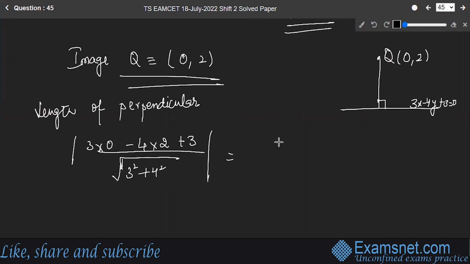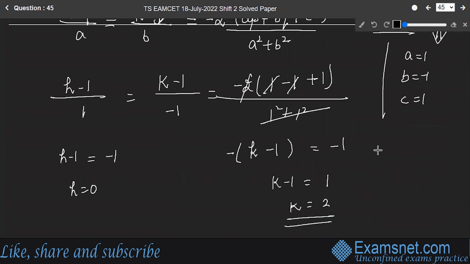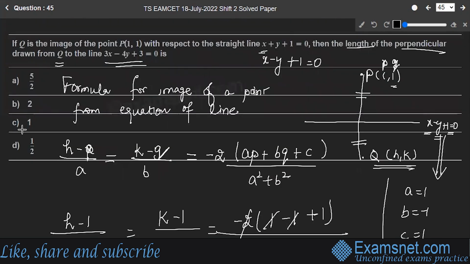So this is 0 minus 8 plus 3, minus 5, and root of 9 plus 16, that is 25, will give you 5 also. That means minus 1, mod will give you 1. So this is the length. That means option C is the correct answer. Hope you got that. Let's move to the next question.